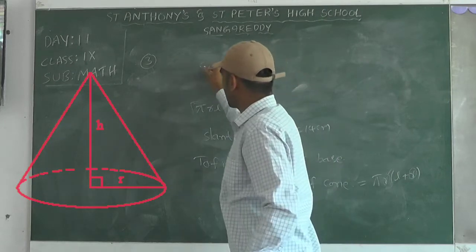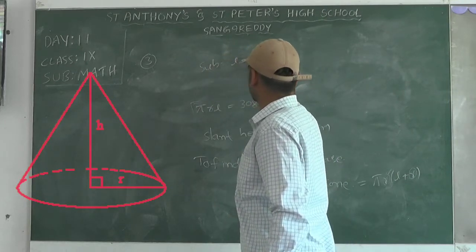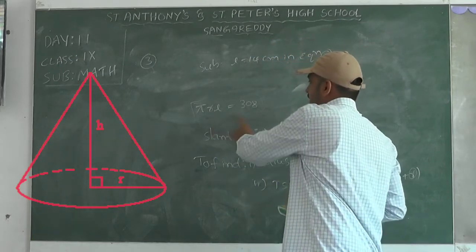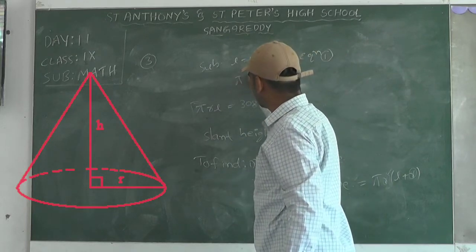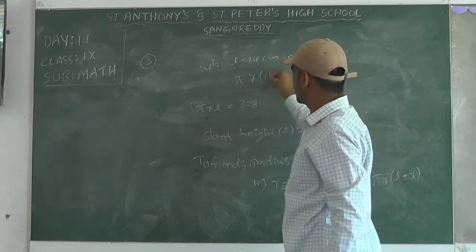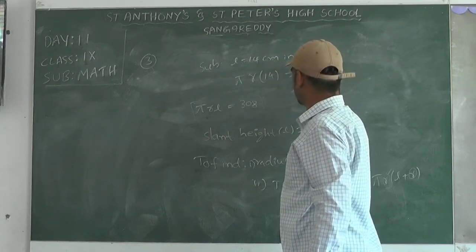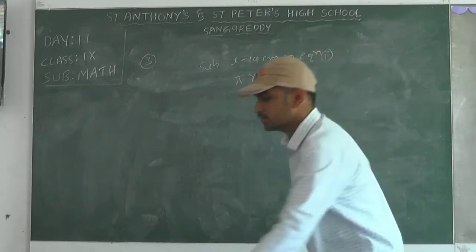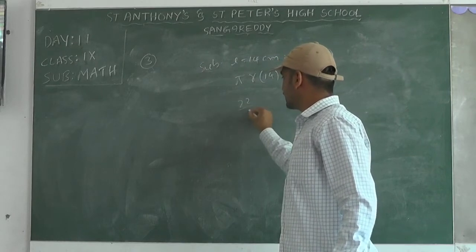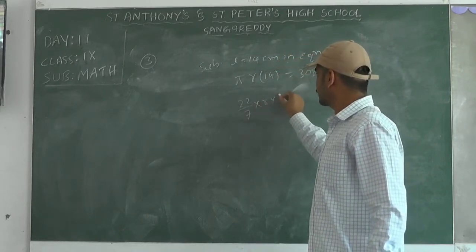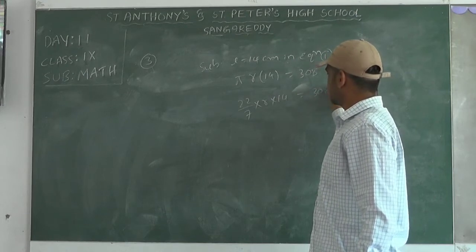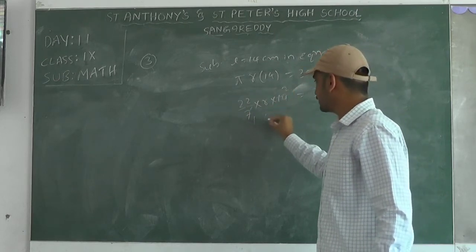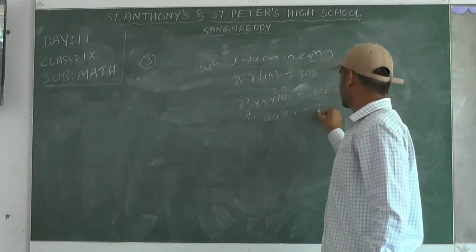Substitute l equals 14 centimeters in equation number 1. What is our equation? Pi r l equals 308. Now you know l equals 14. So pi equals 22/7, into r, into 14, equals 308. 7 ones are 7, 7 twos are 14, so 22 into 2, that is 44 into r equals 308.